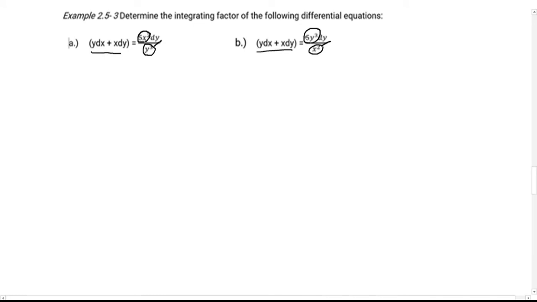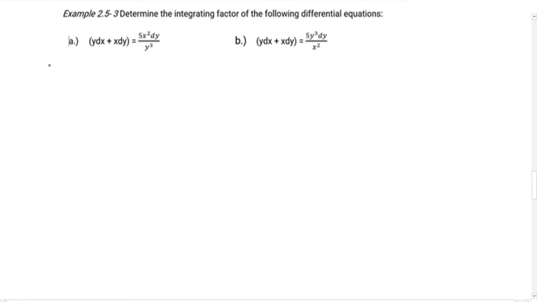So, let's observe how to find the integrating factor of these two equations. For our letter A example, I'm going to substitute the value of this exact expression, that is the differential of xy, and I'm going to copy the right terms, that is 5x squared dy over y cubed.